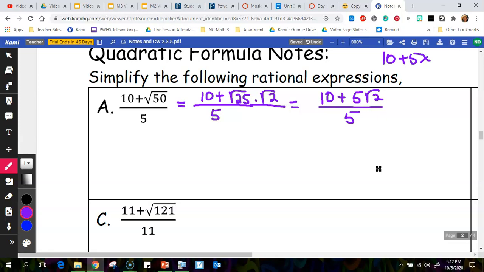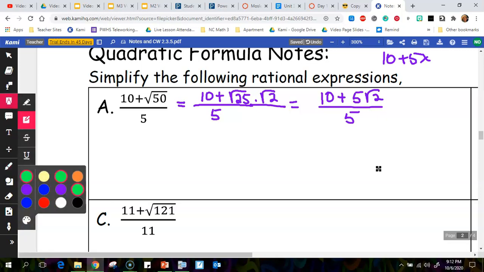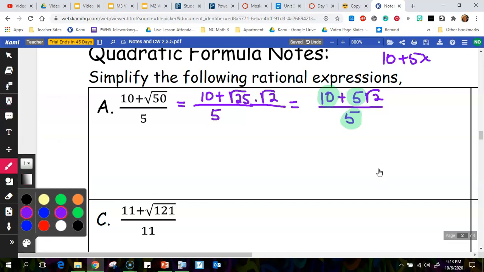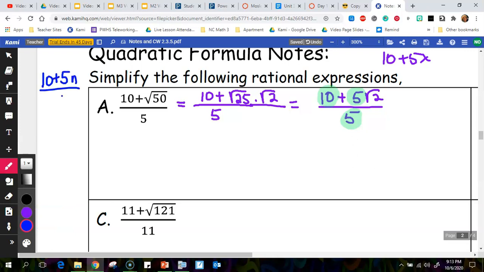However, because I have 3 numbers here that could all divide by a common factor, I can simplify this some. I can divide all of these numbers by 5. Again, that would be like if I had 10 plus 5n over 5.